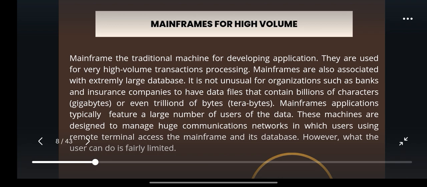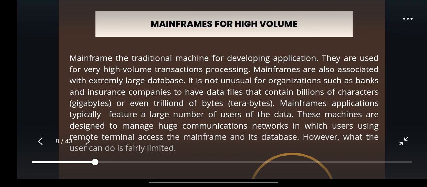So, mainframes for high volume. Mainframe, the traditional machine for developing applications, is used for very high volume transaction processing. Mainframes are also associated with extremely large databases. It is not unusual for organizations such as banks and insurance companies to have data files that contain billions of characters or gigabytes, or even trillions of bytes or terabytes.